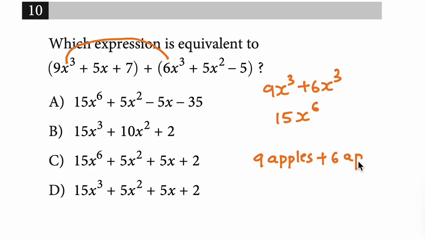So when you add 9 or 6, do you add apples and apples? These remain apples itself. So that means this is x cubed, which is showing it's a like term. So when you add it, this power is not going to change. So 9x cubed plus 6x cubed, 15x cubed.